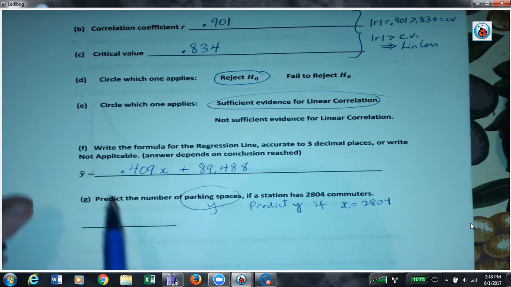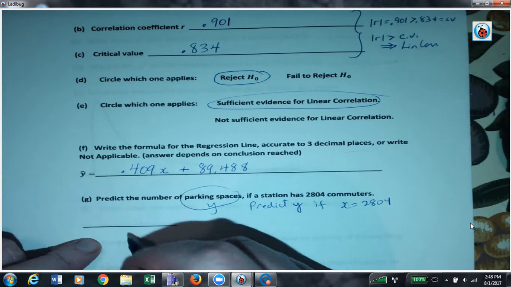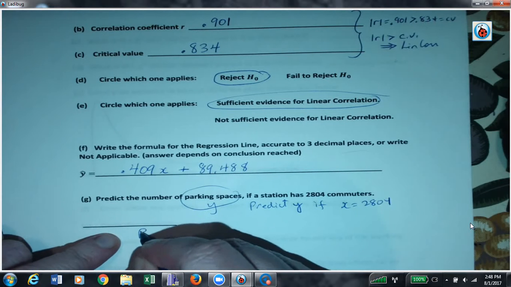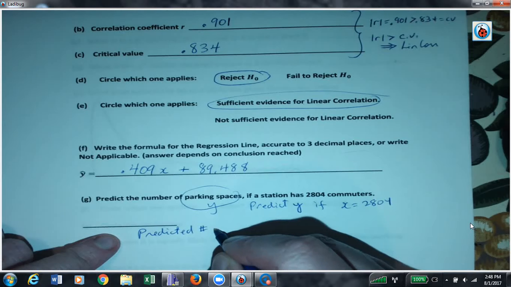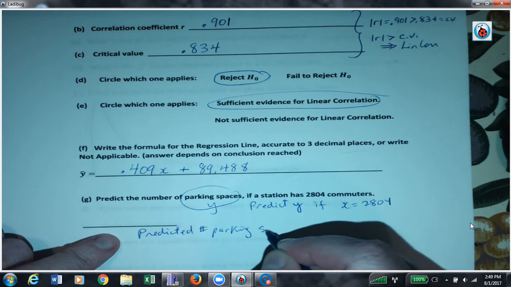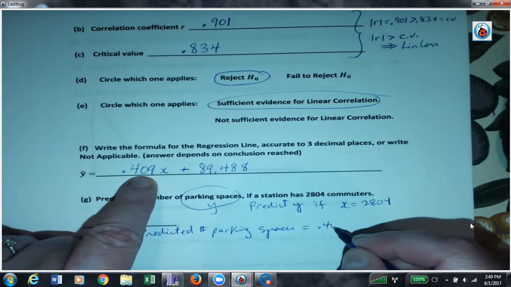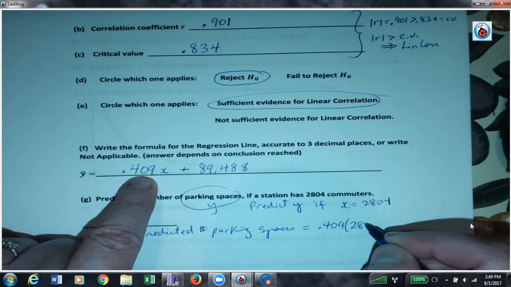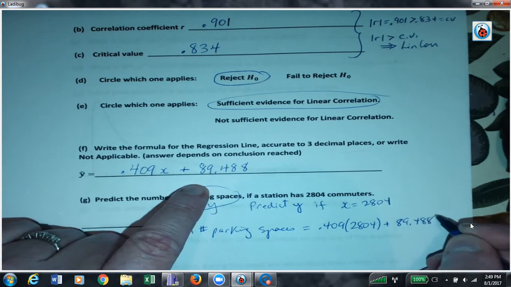And so I'm going to plug in X into this equation. So the predicted number of parking spaces is going to be equal to 0.409 times X plus 89.488.